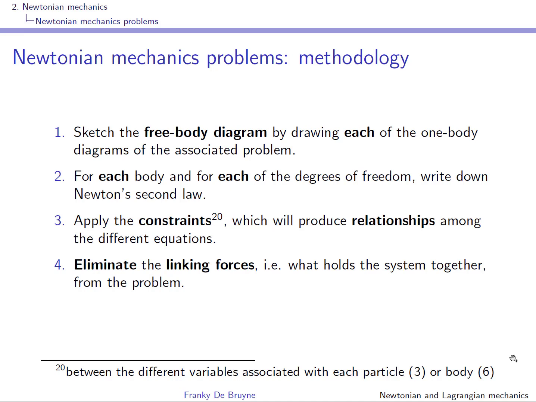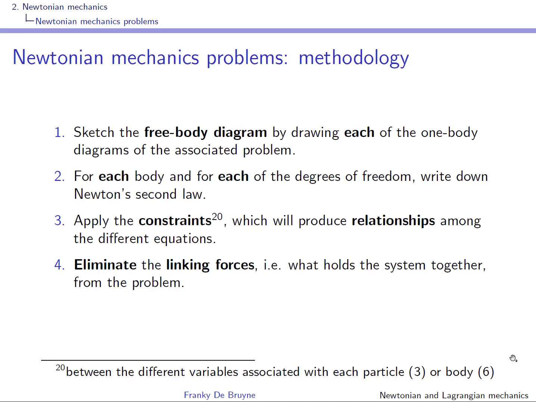It's a one-body diagram with all the bodies that are in your mechanical problem, and for each of these one-body diagrams you put the degrees of freedom in rotation and in translation, and you write down Newton's second law in translation and in rotation. Then you apply the constraints.